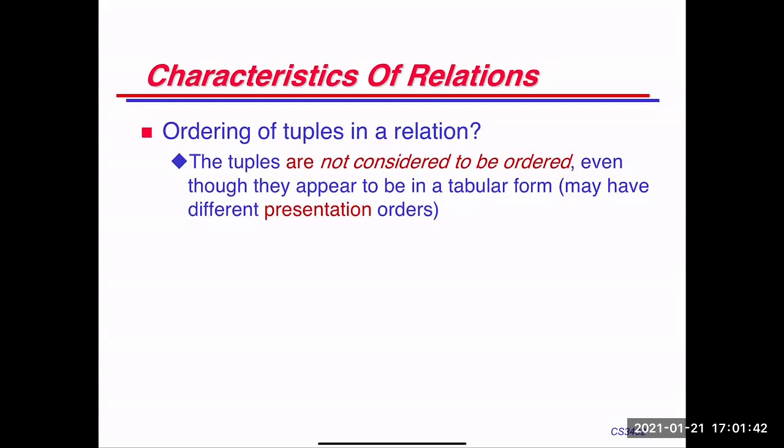But the point is that a relation is just a set of tuples, and a set is not an ordered collection of elements. It just contains these elements. There's no ordering there.